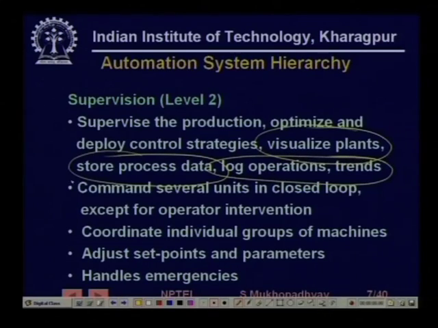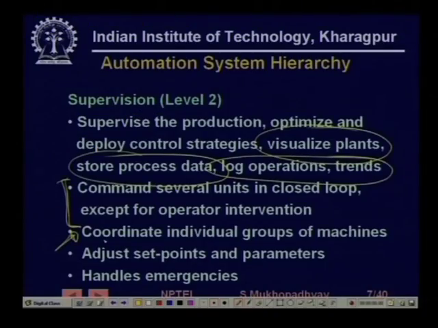They command several units in a very coordinated fashion, such that the best volume and quality of production can be reached. They coordinate individual groups of machines and give them appropriate set points, so that you get products of a certain quality and of a certain volume.